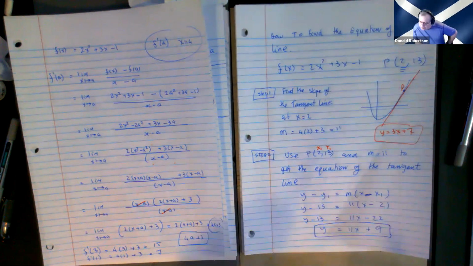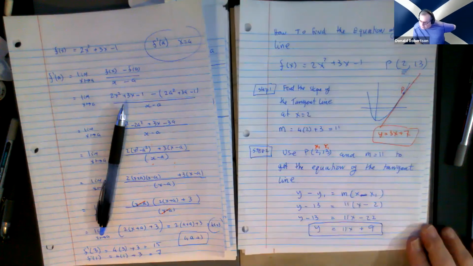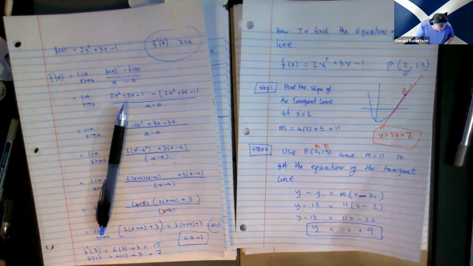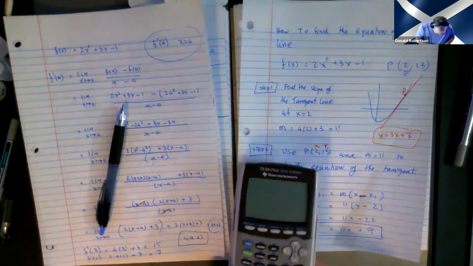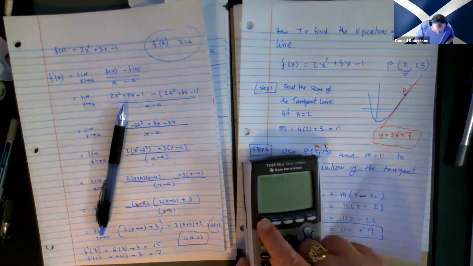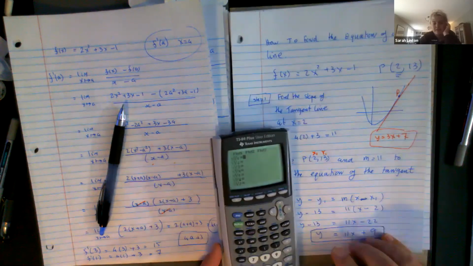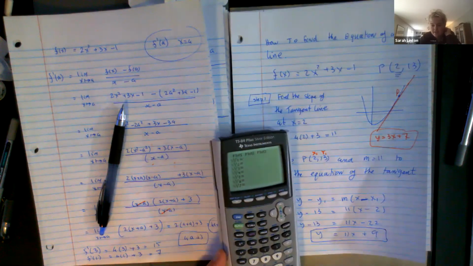Does that look like a reasonable equation? We could check it. Because, you know, I'm not perfect, although I think I am. I know I'm not. Wouldn't it be a minus 9 and not a plus?